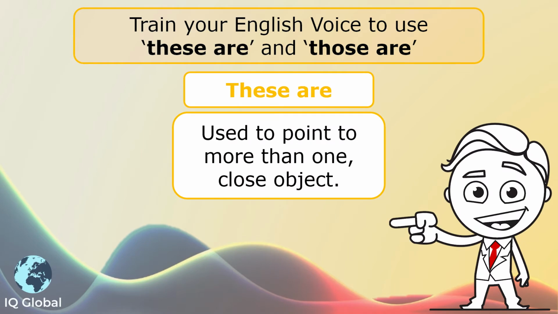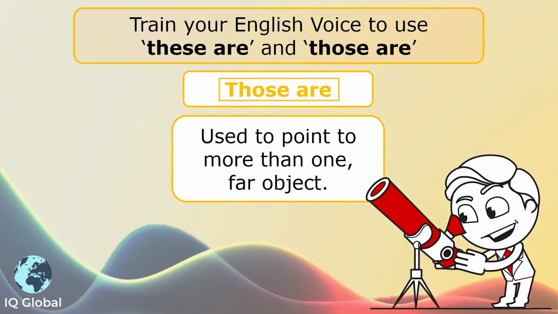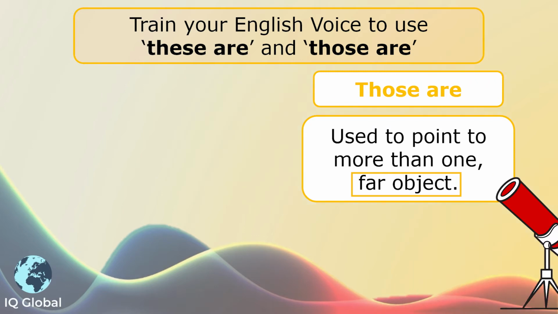So have a look at these are. These are is used to point to more than one close object. Those are is used to point to more than one far object.